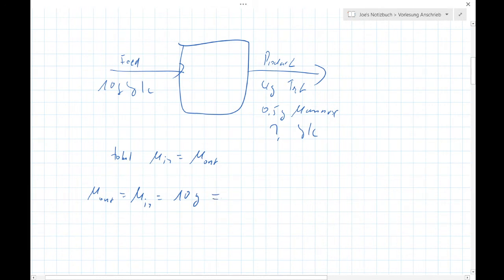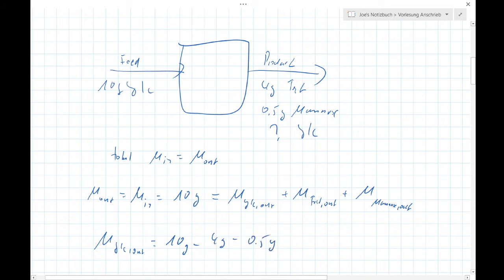And this is equal to M glucose out plus M fructose out plus M mannose out. This is very simple, of course. You see it by eye, but many forget that. So the M glucose out is equal to 10 grams minus 4 grams minus 0.5 grams, and this is equal to 5.5 grams.